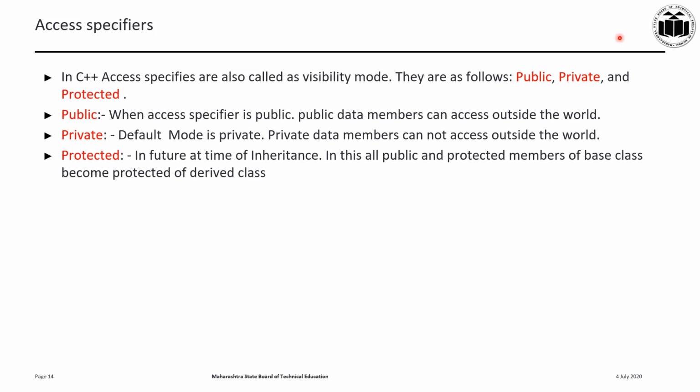Whatever you have declared in public can be accessed outside the class, and whatever you have declared in private can be accessed only through the public member functions which you have declared in your class.